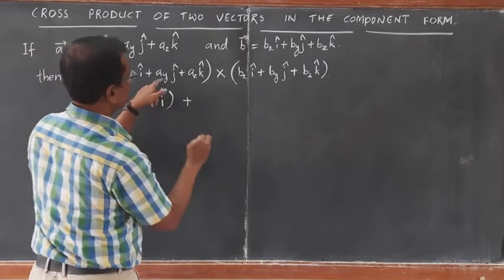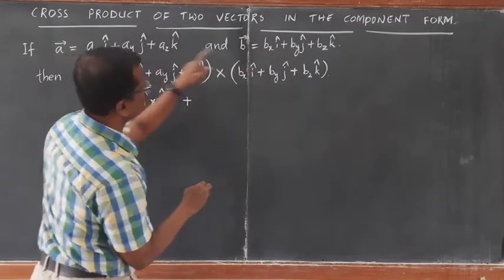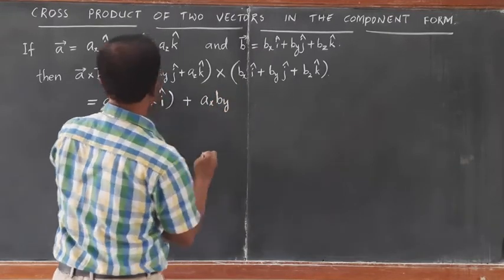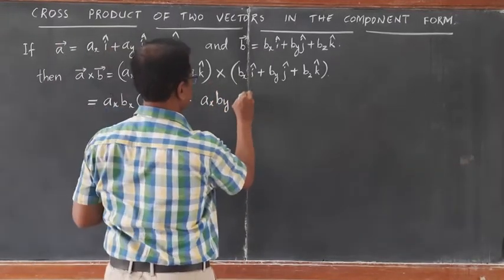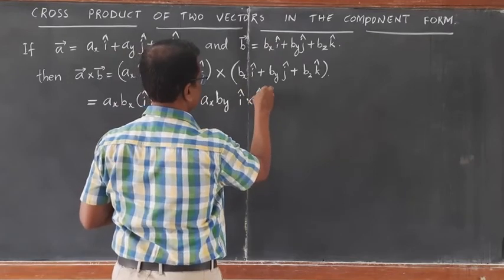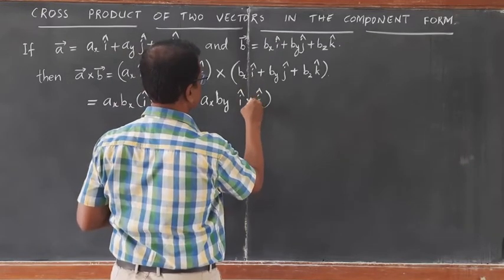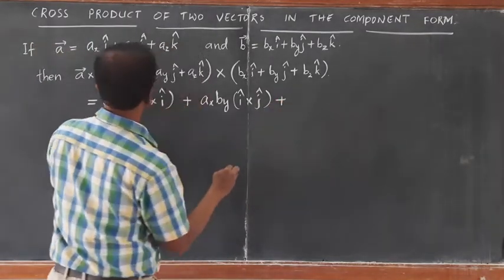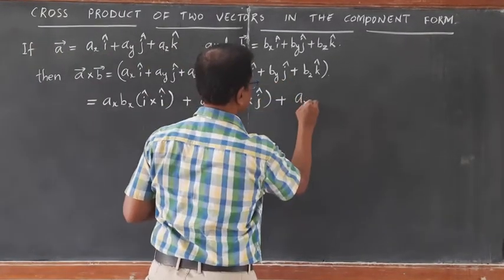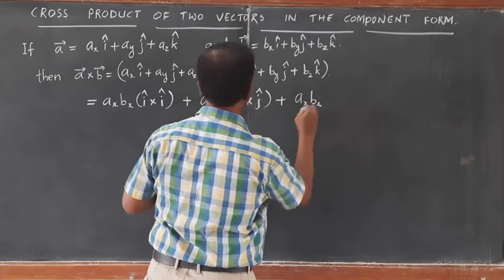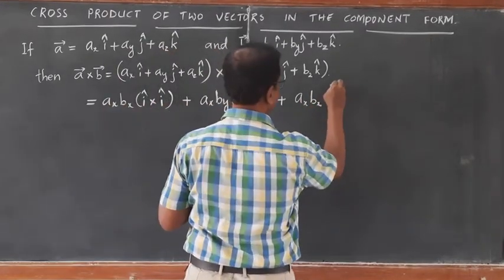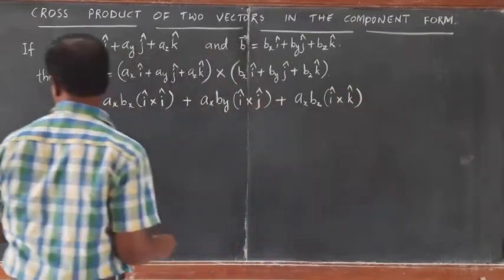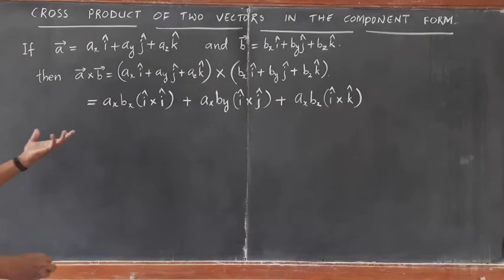Plus ax by, i cross j. i cross j gives us k. Plus ax bz, i cross k. See here, it is in the reverse order. i cross k gives you minus j.